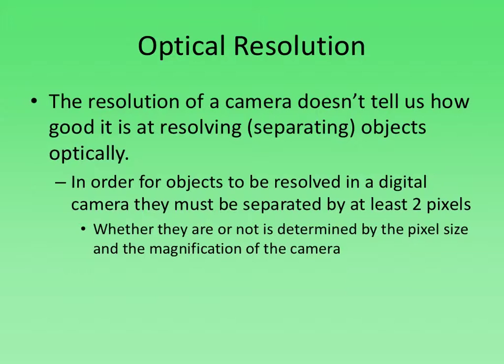And this is affected by the magnification of the camera and the pixel size. So the smaller the pixels are, the easier it would be to separate them by that 2 pixel width. And it also is going to be affected by how much the camera can magnify the object. So if it can't shrink the object down enough, then it's not going to be able to get that 2 pixel separation between the two.